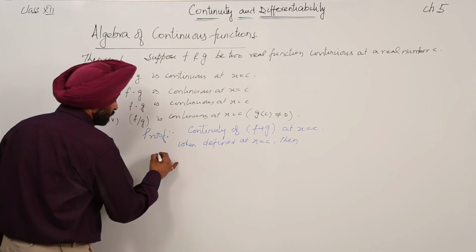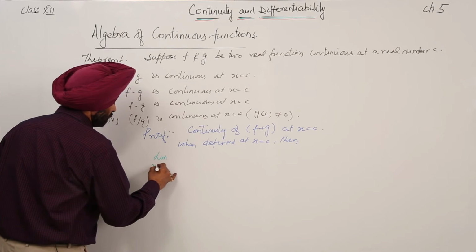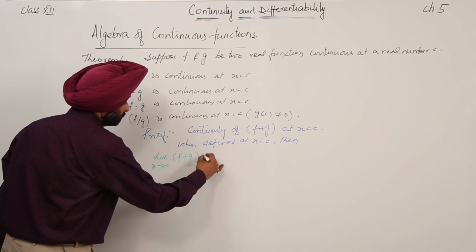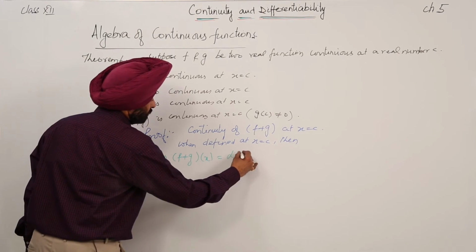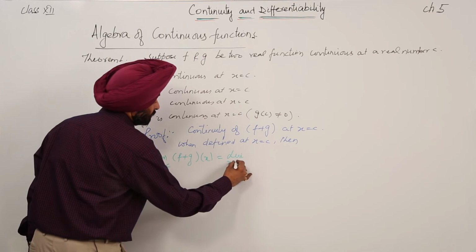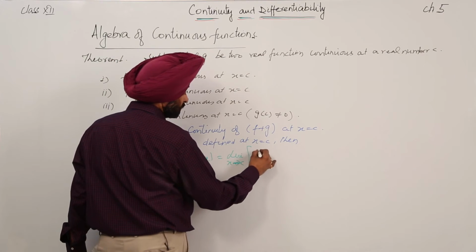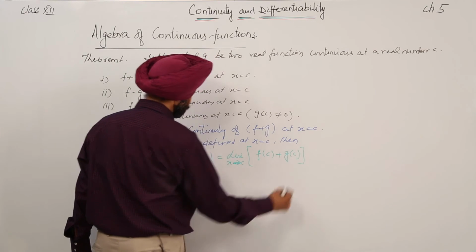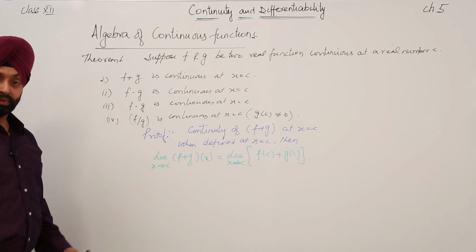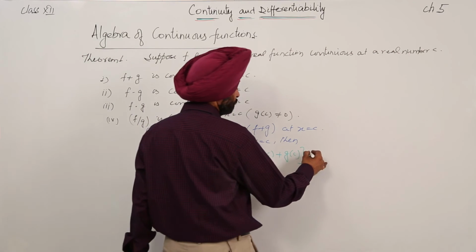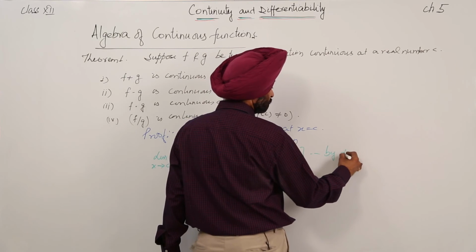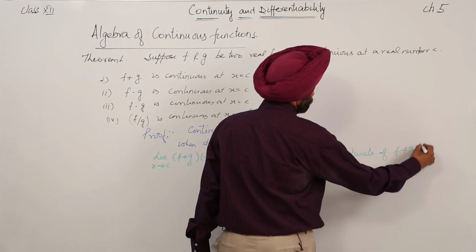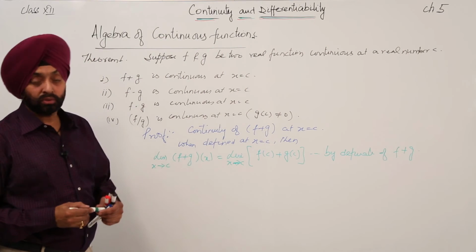Then we can write limit x approaches to c, (f plus g)(x) is equal to limit x approaches to c, f(c) plus g(c). Okay, first step, how does it come? By the definition of addition of two functions.